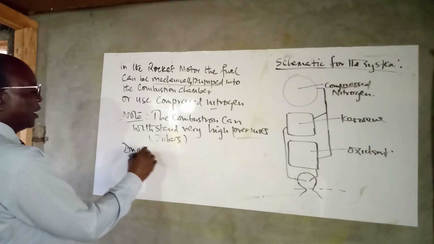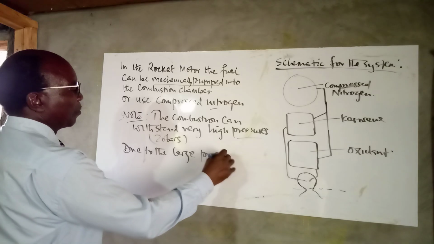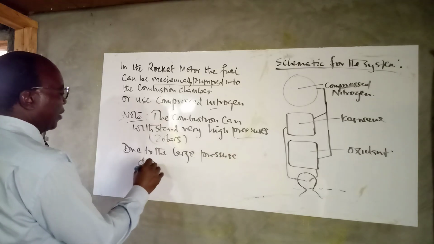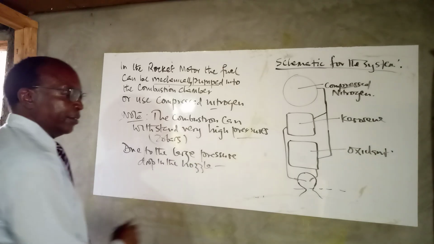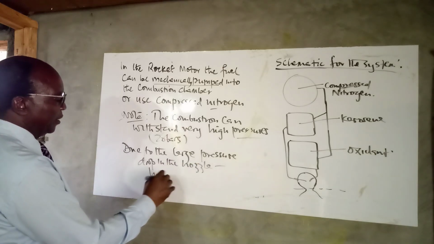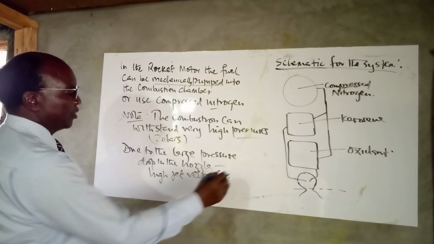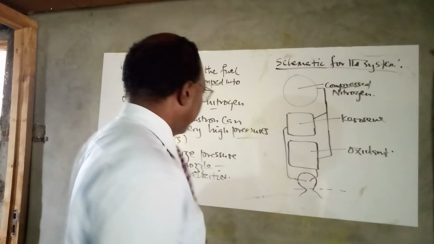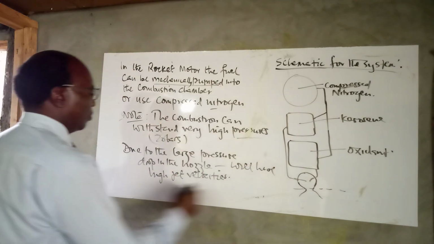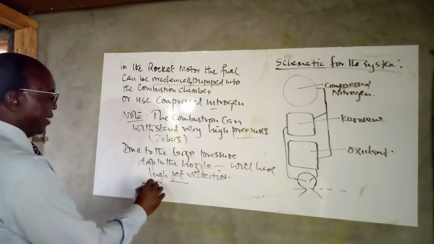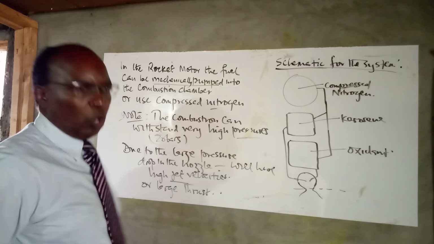So due to the large pressure drop in the nozzle, we have high jet velocities or large thrust.